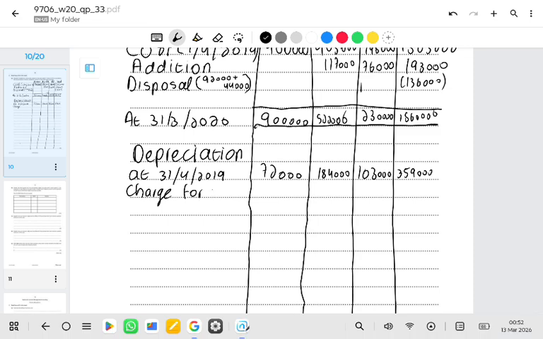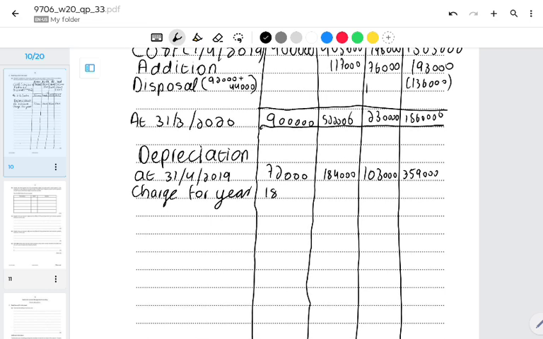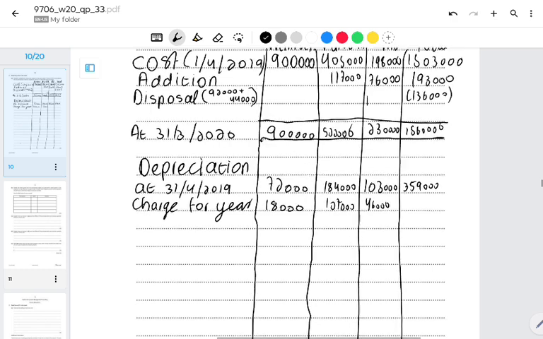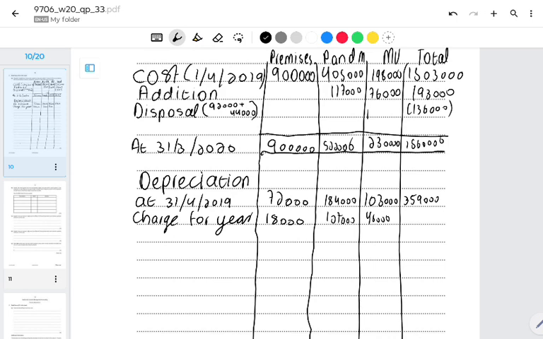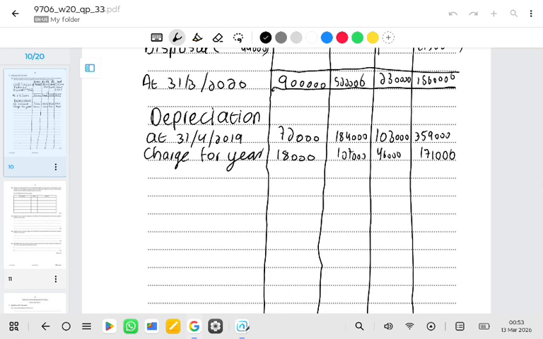Charge for year: 18,000, 107,000, 46,000. Now we will calculate the total for it. 171,000. So we have calculated the charge per year. Are there any disposals eliminated?